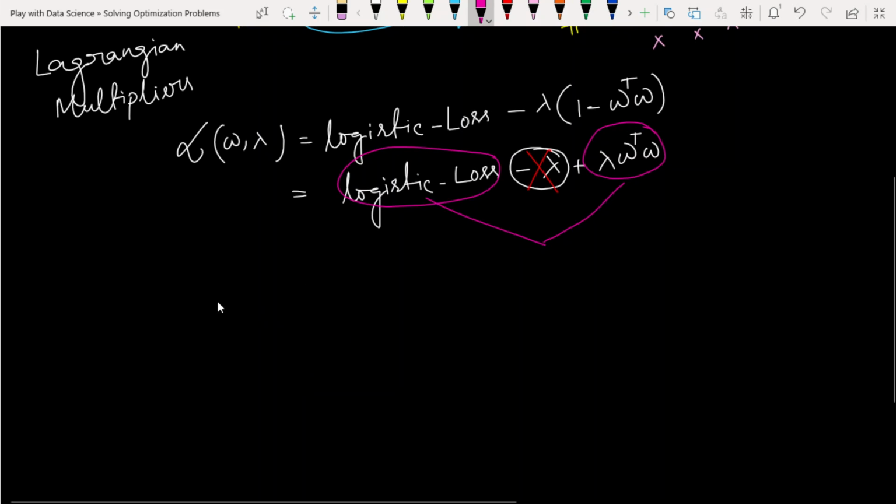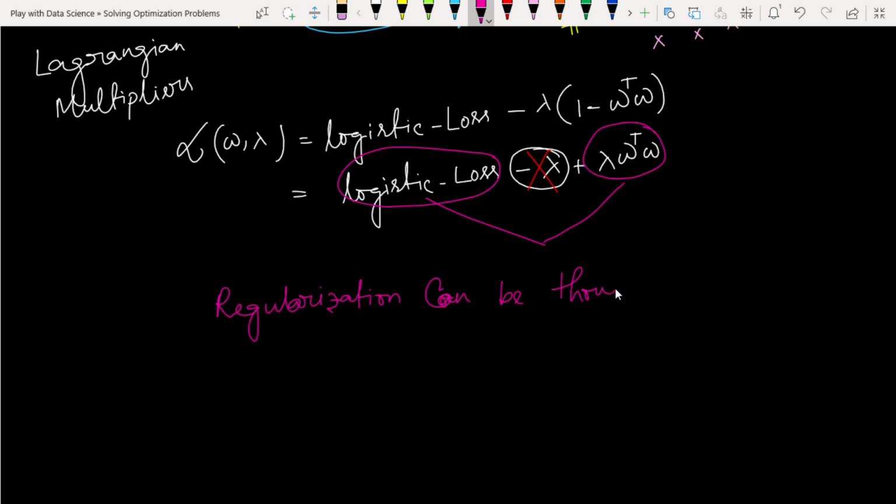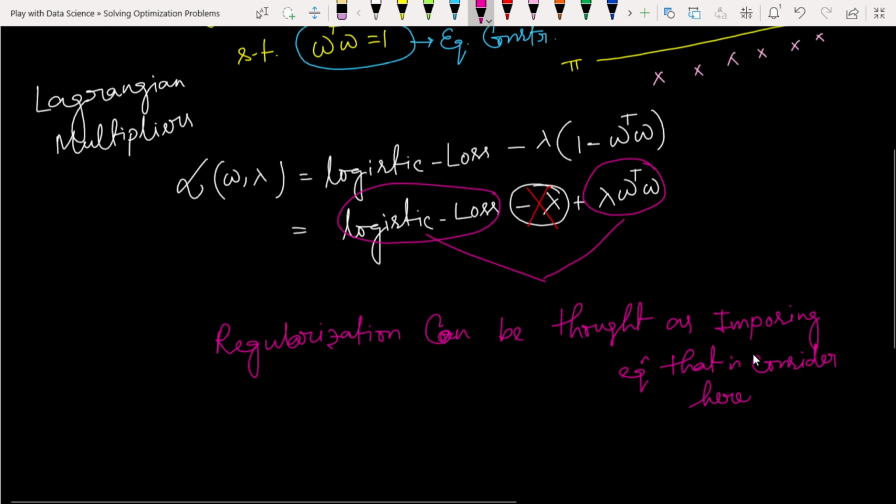So regularization can be thought of as imposing an equality constraint that is considered here. I think both concepts are similar, but the interpretation is different. This is the main beauty of mathematics: we can interpret the same thing differently, the concept is the same, but the interpretation is different.